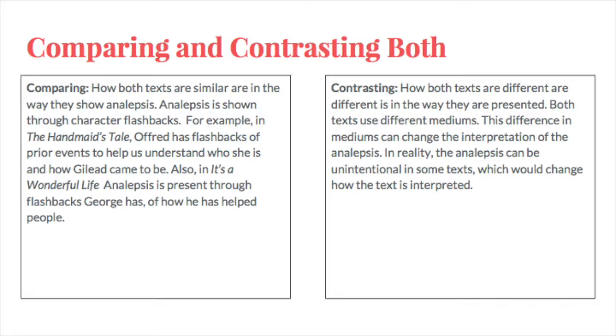It was, quote unquote, to save a failing film. So that would go back to how it's contrasting, where the analepsis is obviously intentional in The Handmaid's Tale in comparison to It's a Wonderful Life.